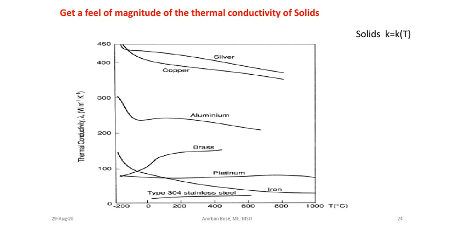If there is no defect, the vibration energy propagates very fast without any resistance, and that is why the thermal conductivity of diamond is around 3 times that of copper or silver, more than 1000. But diamond is not a very good electrical conductor because it does not have free electrons.